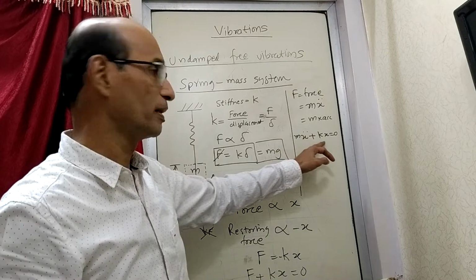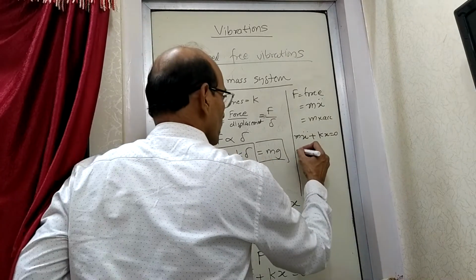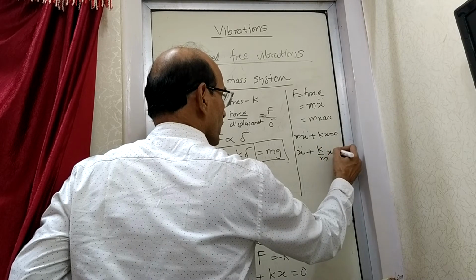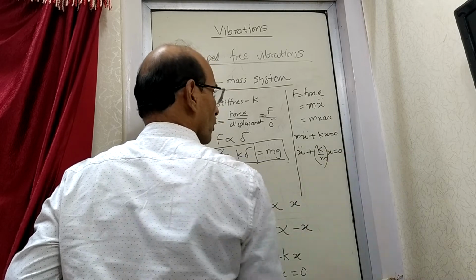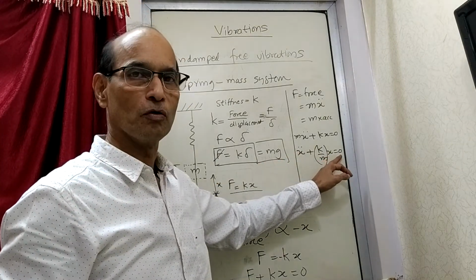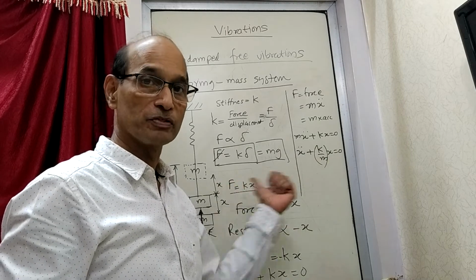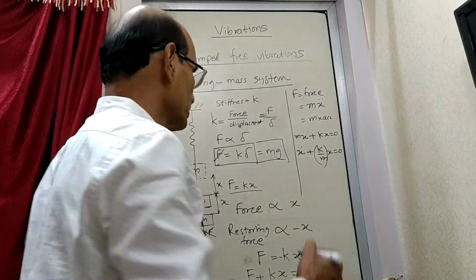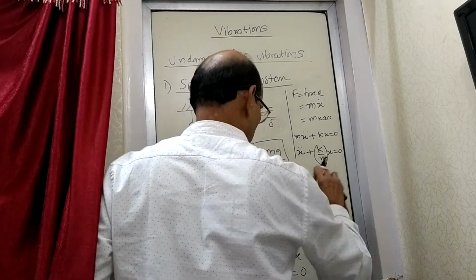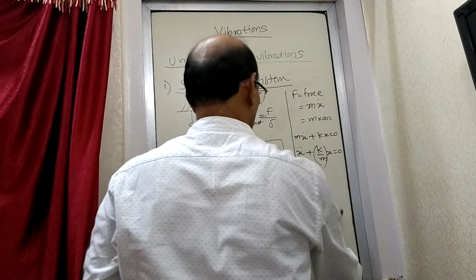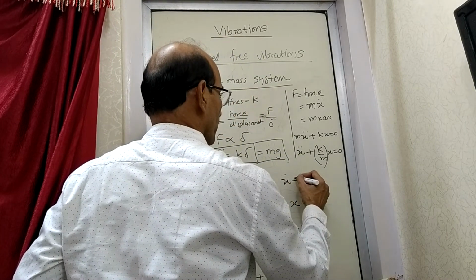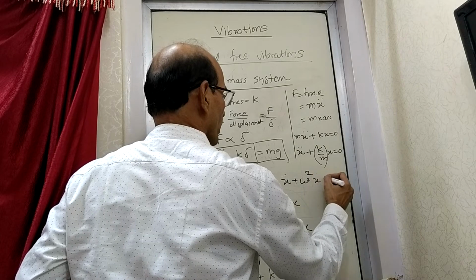x double dot plus kx equal to 0. Therefore, x double dot plus k upon m x equal to 0. Now if you remember, earlier we have written one differential equation like this, saying that x double dot plus omega square x equal to 0.